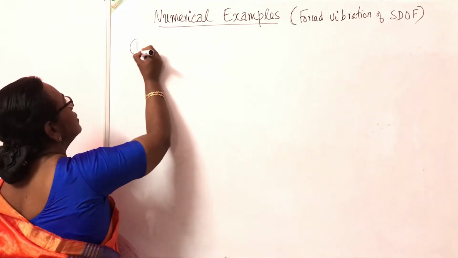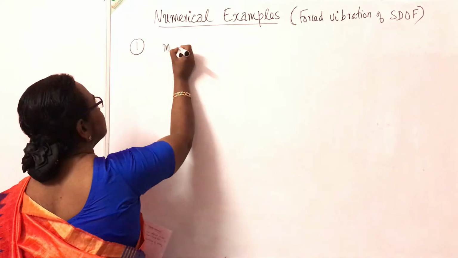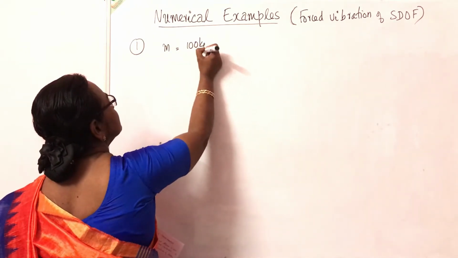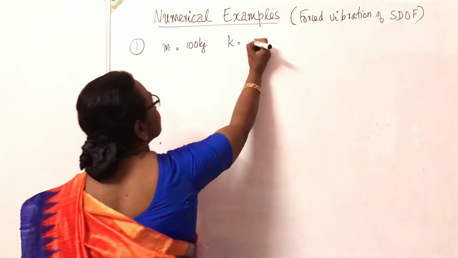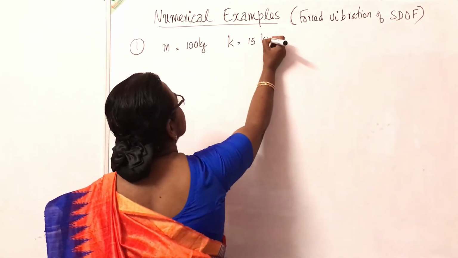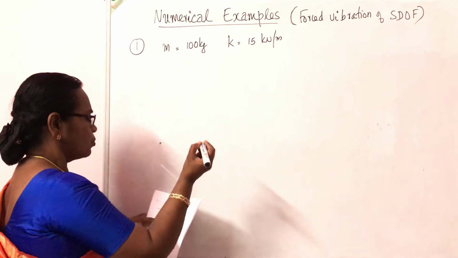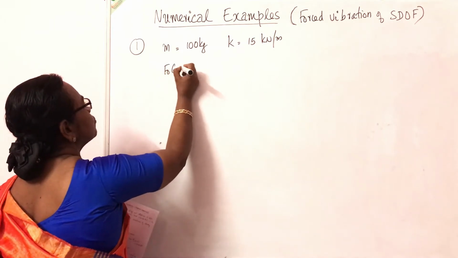The given data are: mass of the system is 100 kg. Stiffness of the system is 15 kN per meter. Harmonic load, we usually write F0 cos omega t.